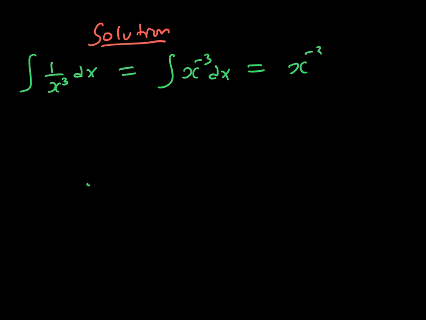So -3 plus 1, over -3 plus 1. This is the same as -1 over 2x squared, plus a constant of integration. That's A.